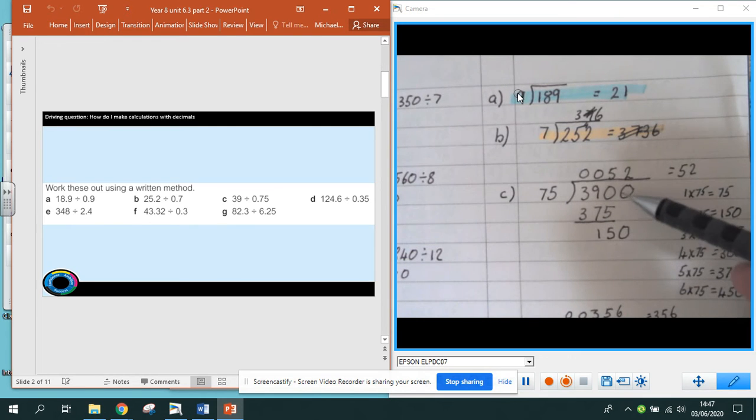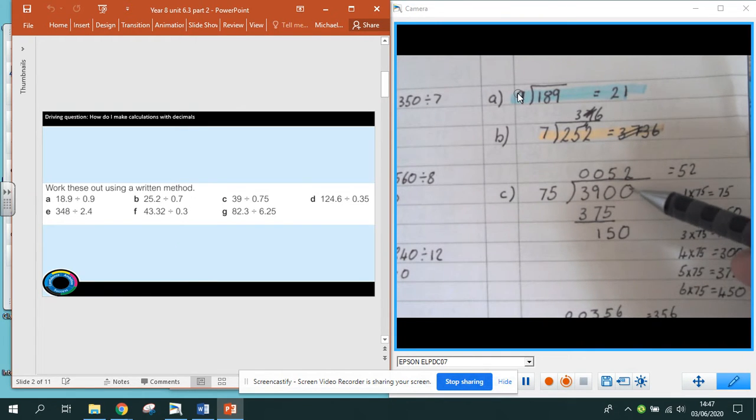Now I can look back at 390. Okay, how many 75s are in 390? Well, 5 75s are 375. The next one is too big, so it's 5 75s. So that's the reason why I've got the 5 there. At this point, I do a subtraction sum. 390 take away 375 is 15.